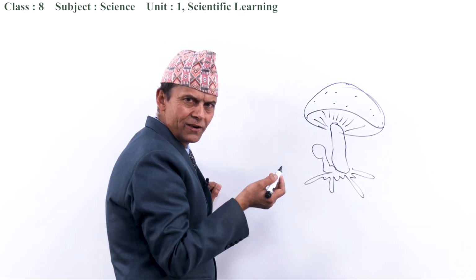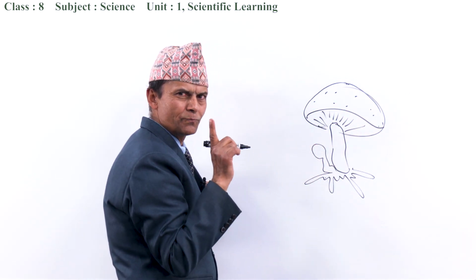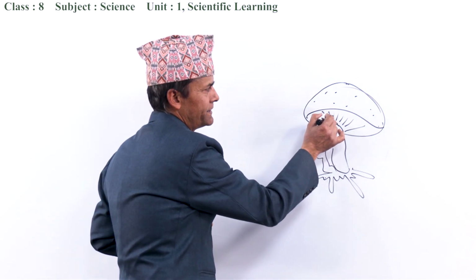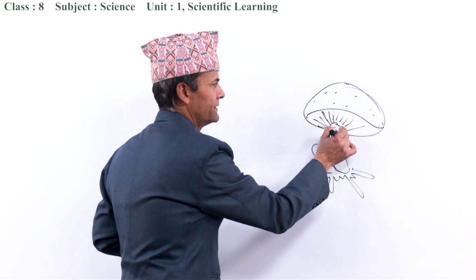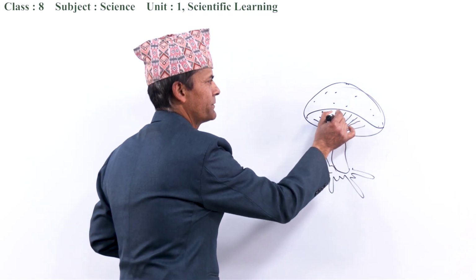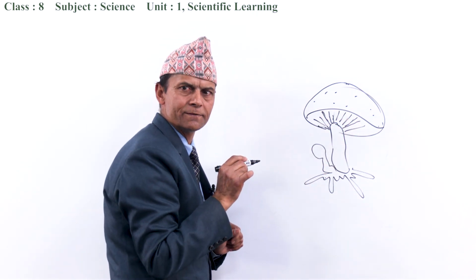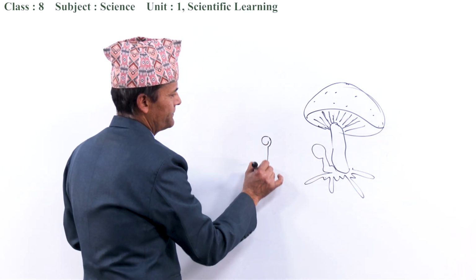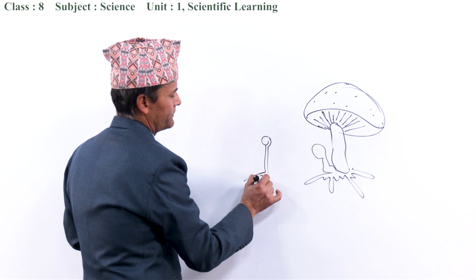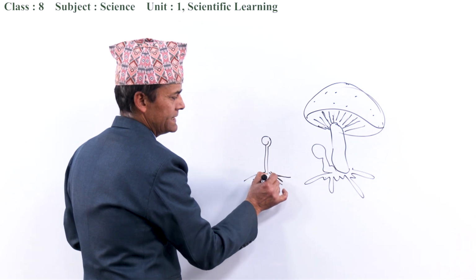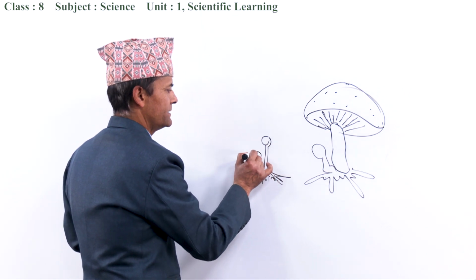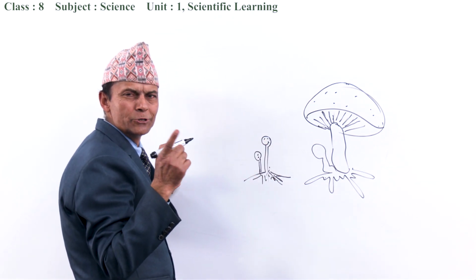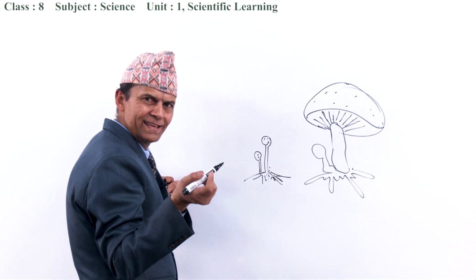Have you seen green color, green pigment in the mushroom? No, never. Because mushroom does not possess any green pigment. It is non-green. So, non-green, it is a saprophyte, it cannot prepare food by itself. So, this is a fungus. Other examples of fungi are, look at here, this type of fungi which grow on dead and decaying organic matter, that is the mucor, that we call it a dushi in bread.